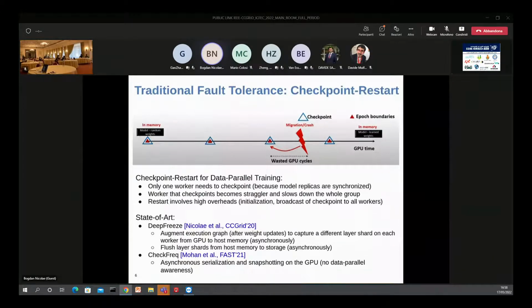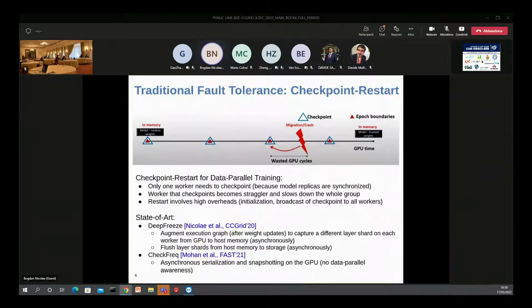So this is a little bit easier than in the case of general HPC applications, where checkpointing involves a lot of data and causes I/O bottlenecks. But still, that worker that needs to checkpoint can become a straggler and slow down the whole group.